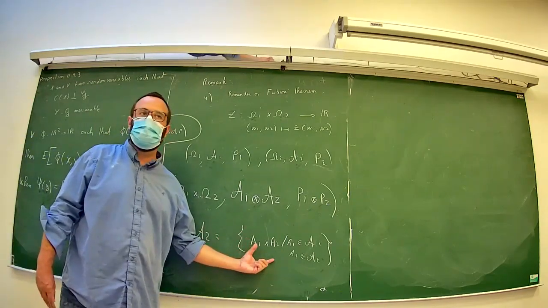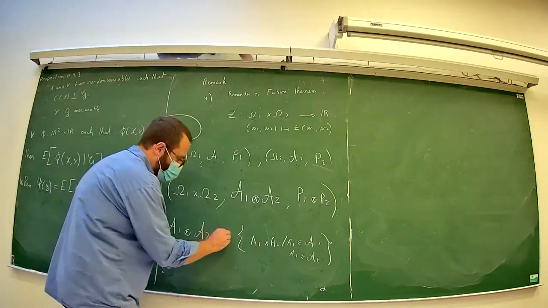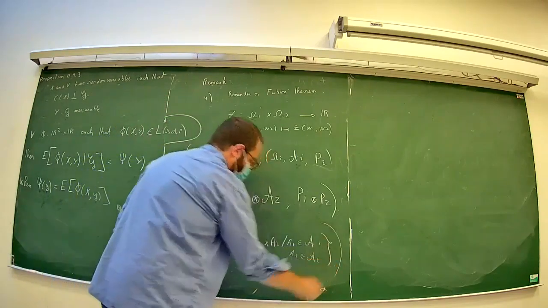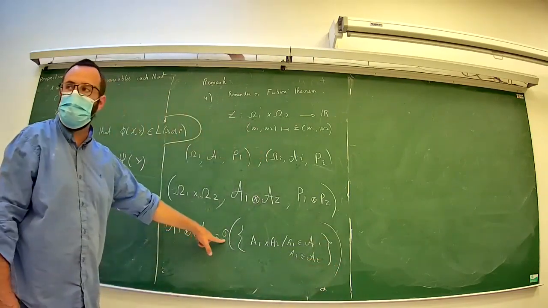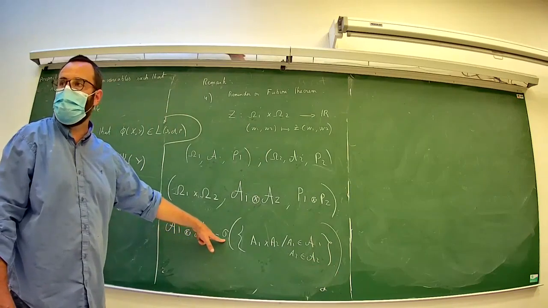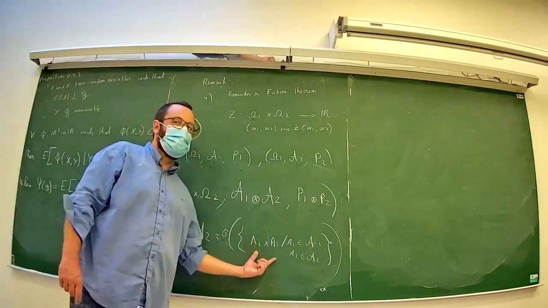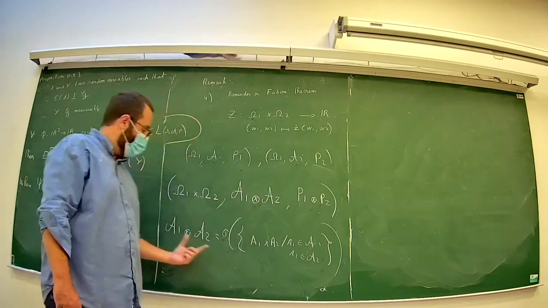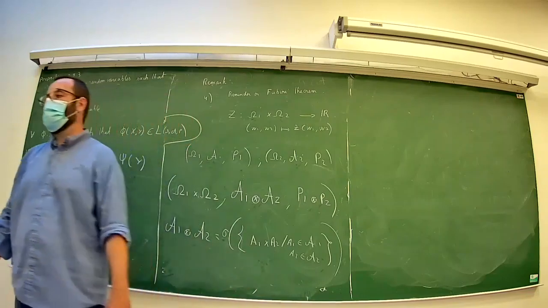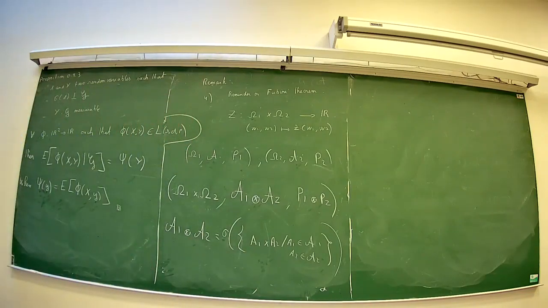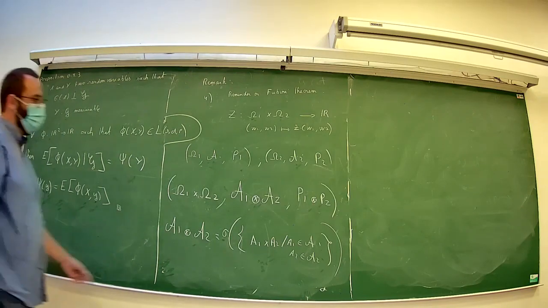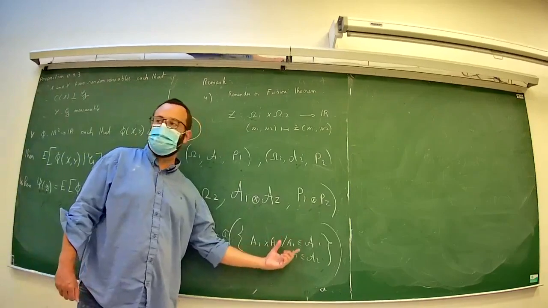So in order to obtain a sigma algebra, I consider this. I remind you that this notation is for the smallest sigma algebra that contains these sets. So what we consider as the product of the sigma algebras is the smallest sigma algebra that contains the products of the elements of this type.